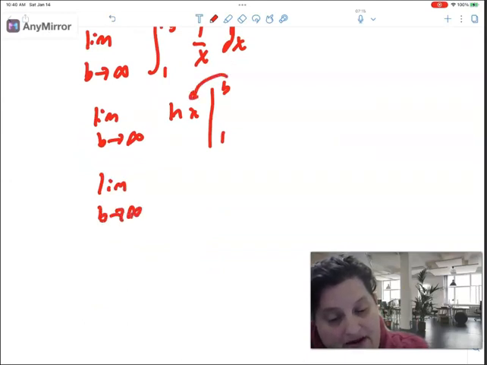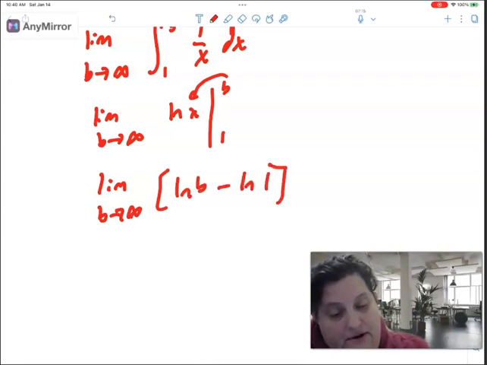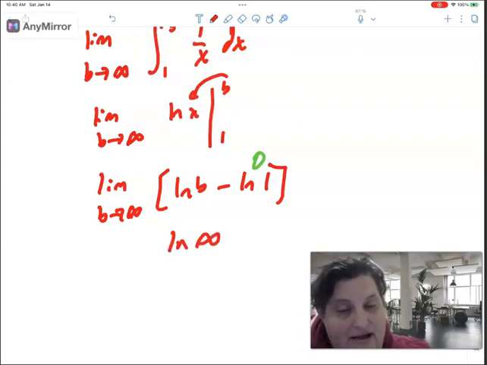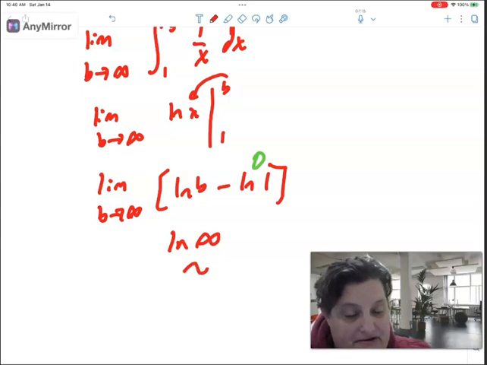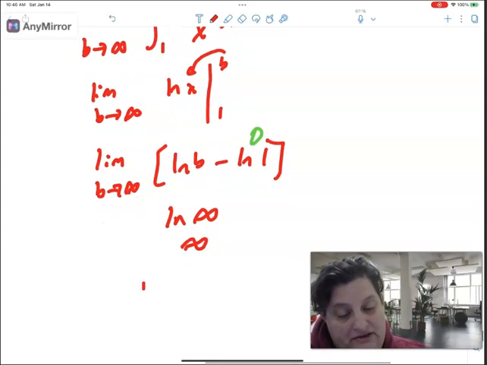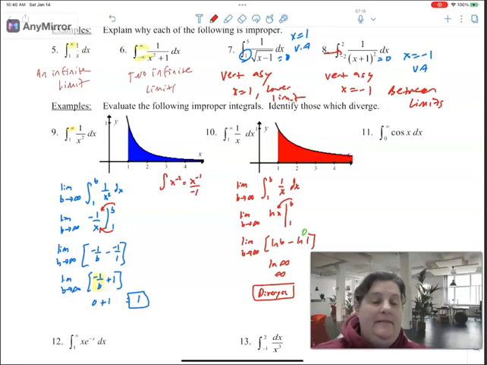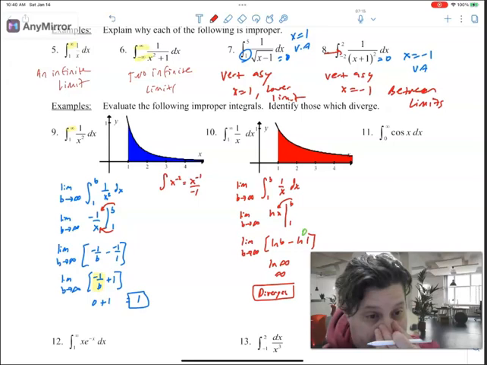When I plug that in, I get ln of b minus ln of 1. If you remember, the ln of 1 is 0. So this is just the ln of a very, very large number, and the ln of infinity still goes to infinity. So we say that this one diverges. Even though these look so similar, number 10 doesn't have an answer because it just keeps going up to infinity.